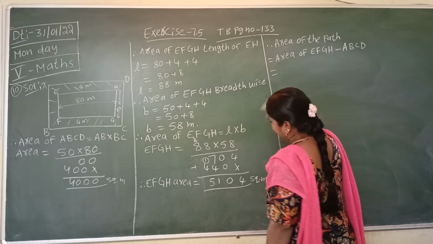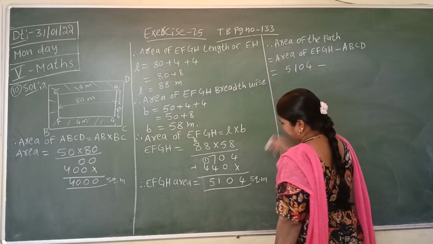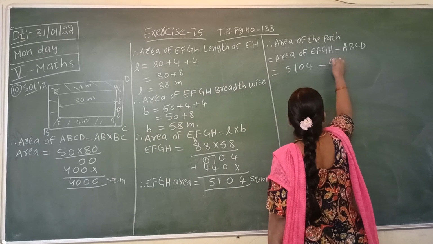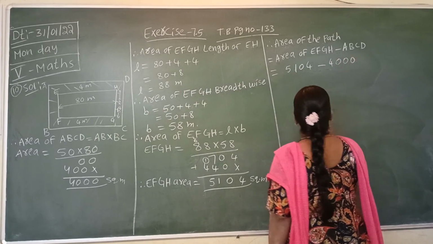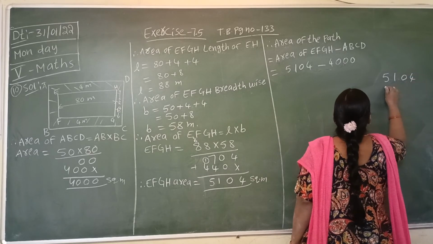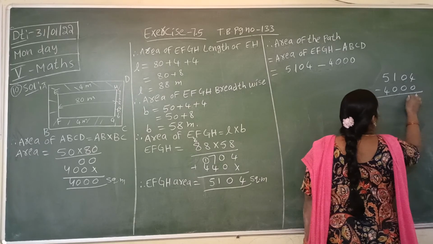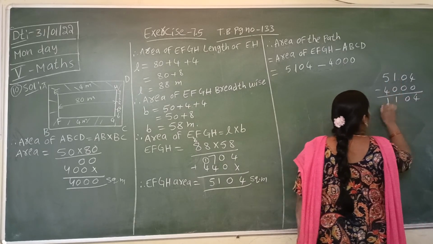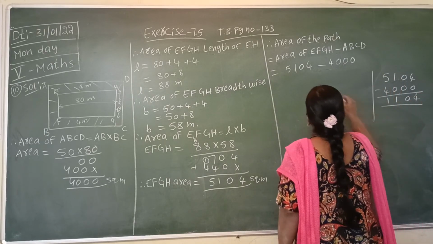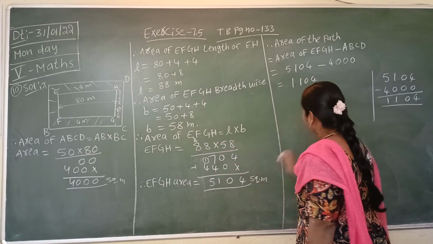What is the EFGH value? 5104 minus 4000. Do the normal subtraction. 5104 and 4000. 5 minus 4 means 1. What are you getting, children? The answer is 1104, what?